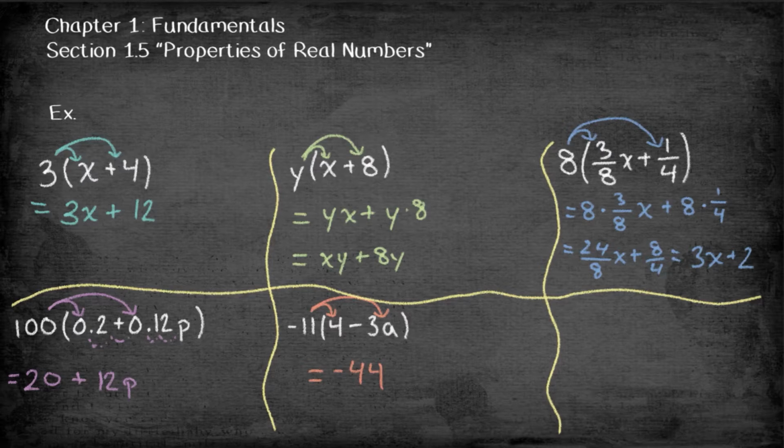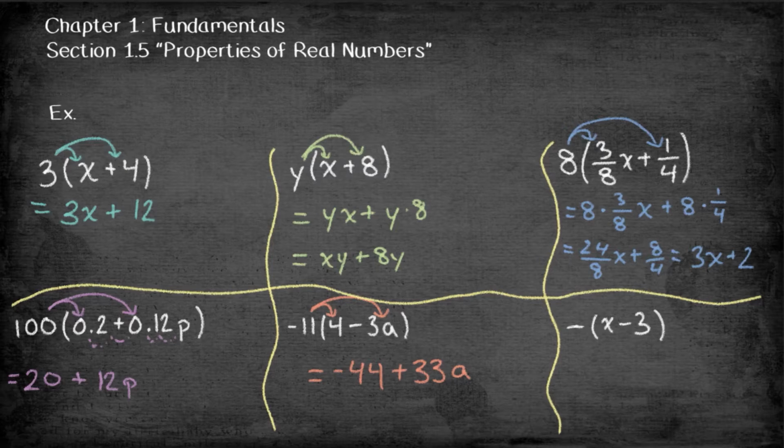And remember, we're subtracting 3a here. Subtraction is like you're adding negative 3a. I'll have a negative times a negative, same sign, which is going to make a positive 33a.